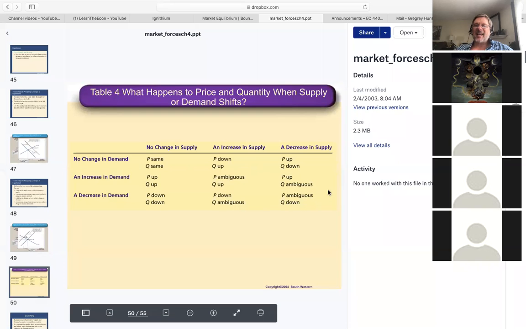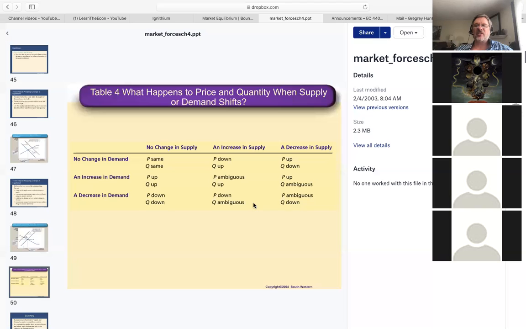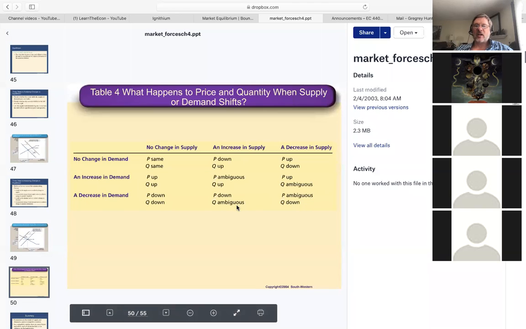And in that case, where both demand and supply are changing, unless you have more information, you can't always tell what's going to be going on. So this is a summary for you on that point. And that's actually the close of the lecture material that I have to talk about today.